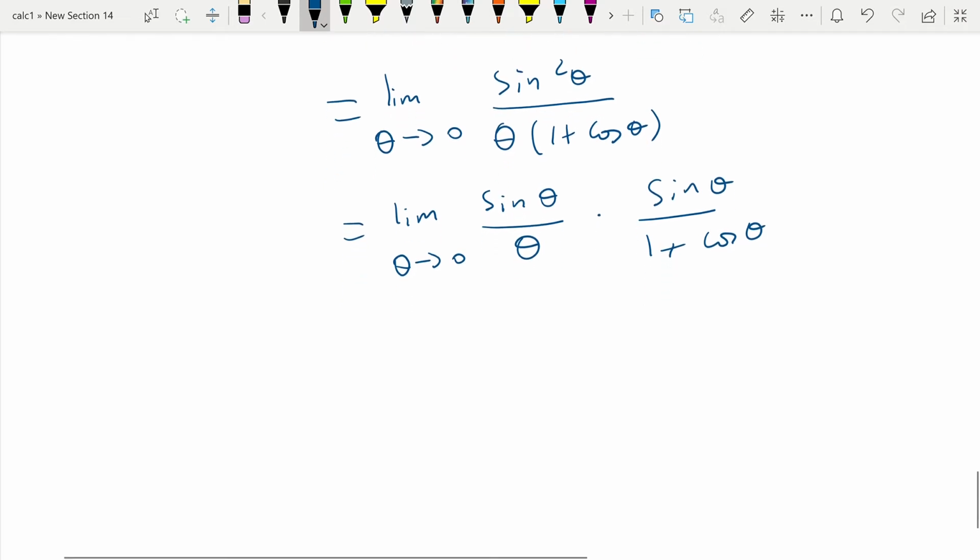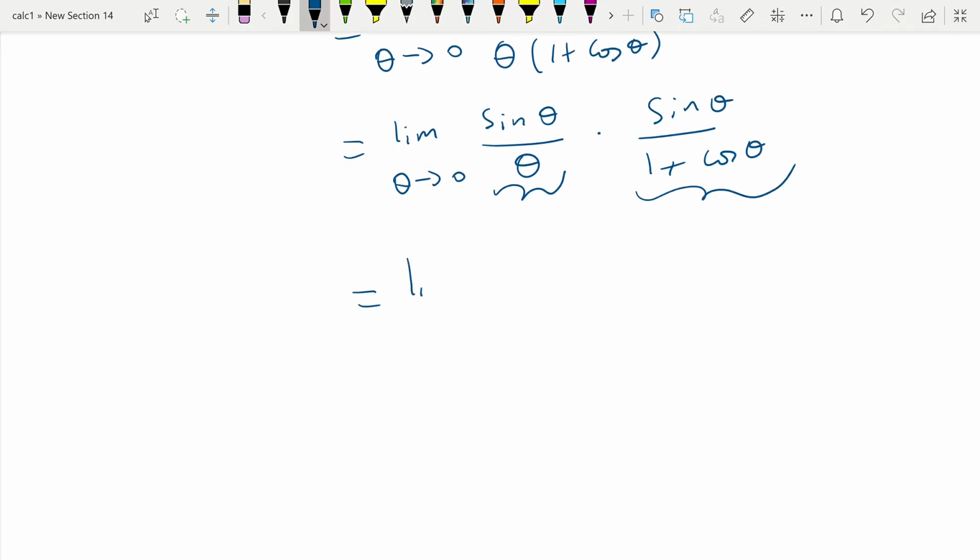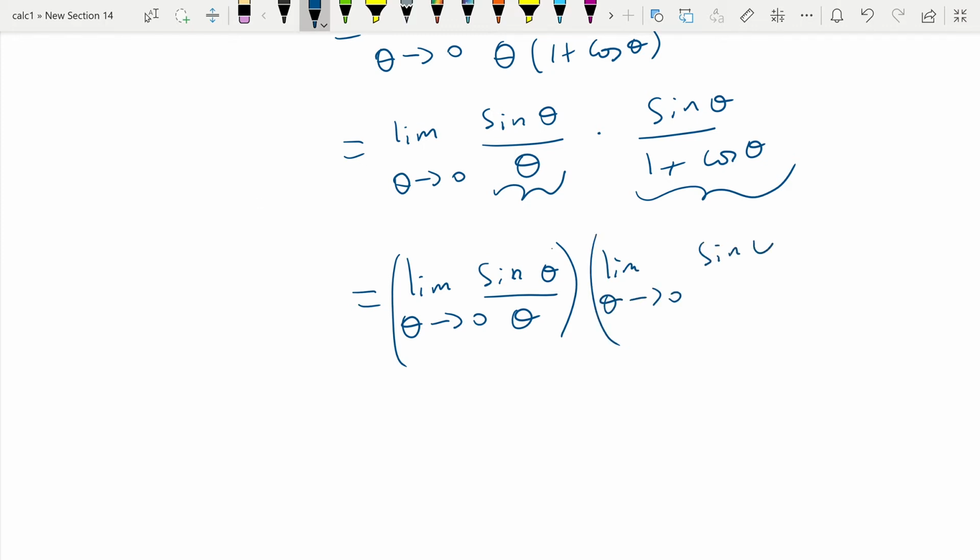Now let's note that this expression has a limit, and so does this one. So we can apply the law for the product, and split this into two limits and take the product of the limits.